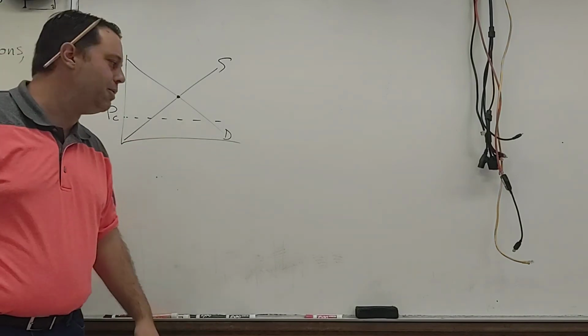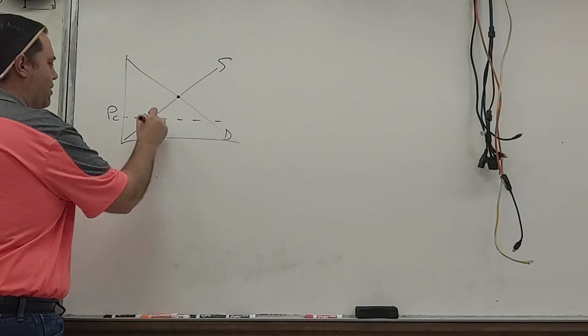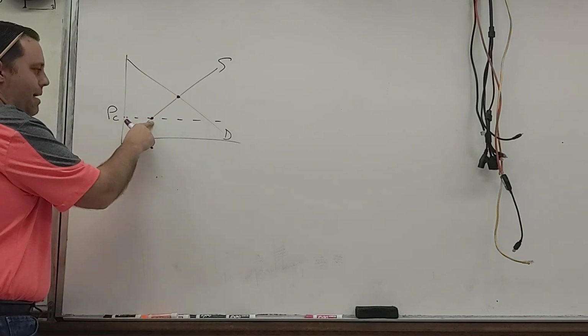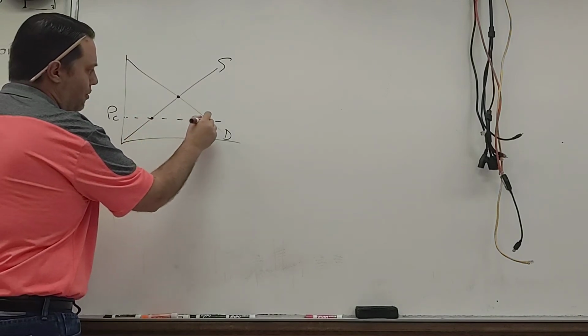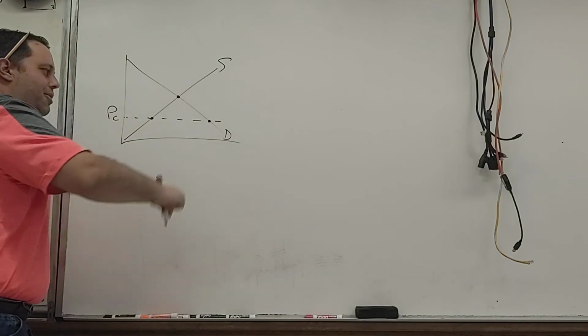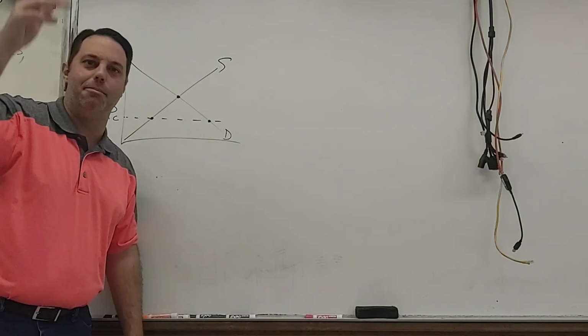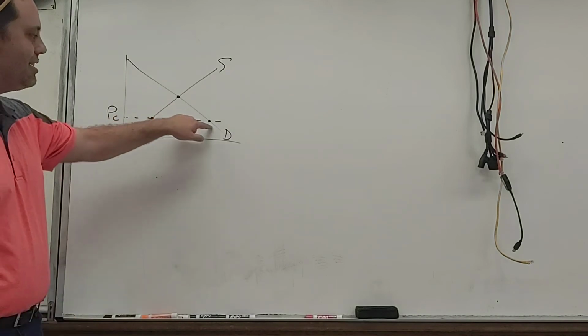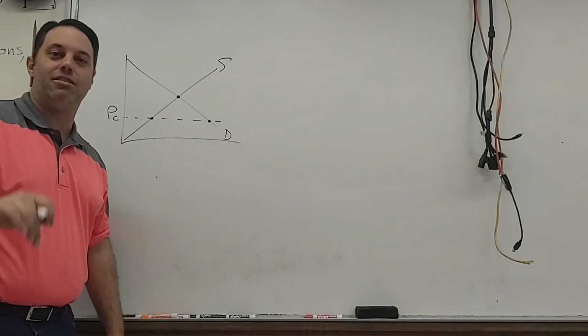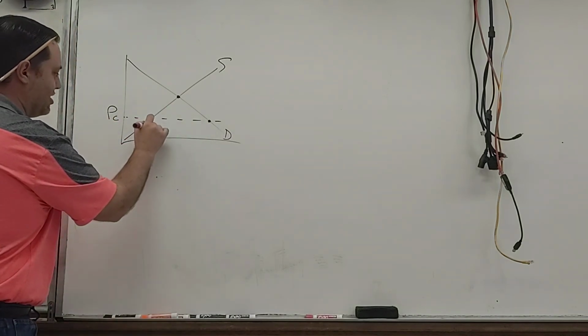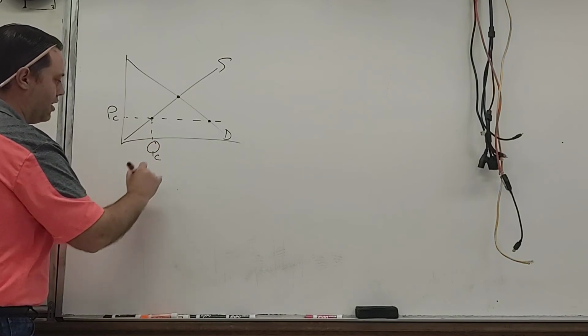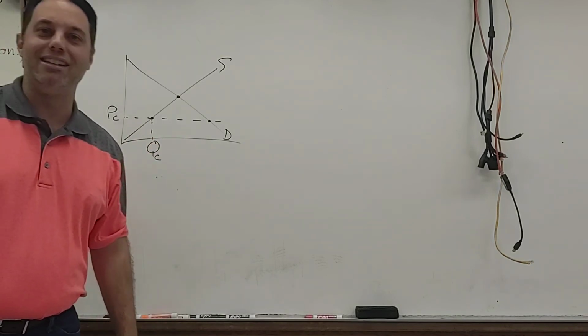Lastly, it says, what's the quantity that consumers buy? Now, usually we would look at this and go, oh, well, we know we've got a shortage here. That's the amount that is being produced over here. This is the amount that's demanded. We normally think, okay, demand goes with consumers, so it's got to be this one, right? Not that one. It's going to be this one instead. This is our quantity that consumers are going to buy. Why is that?